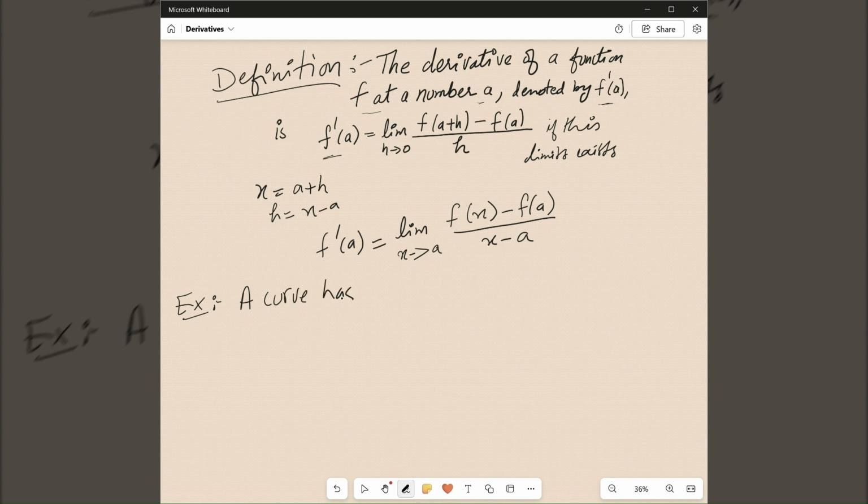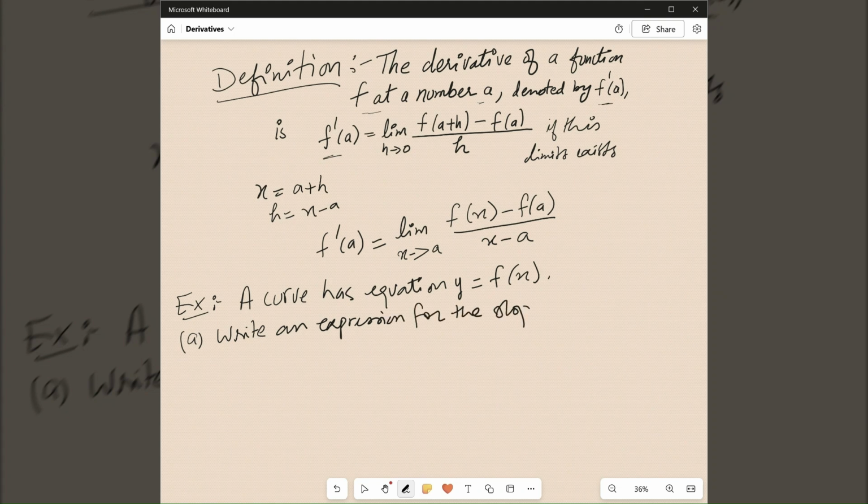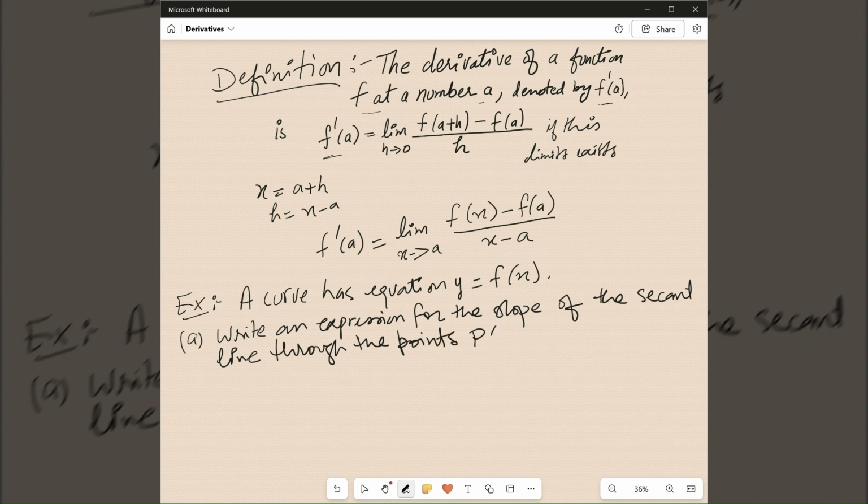A curve has equation y is equal to f of x, and first we've been asked to write an expression for the slope of the secant line through the points P (3, f of 3) and Q (x, f of x).